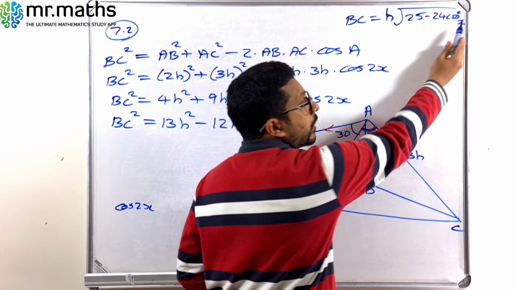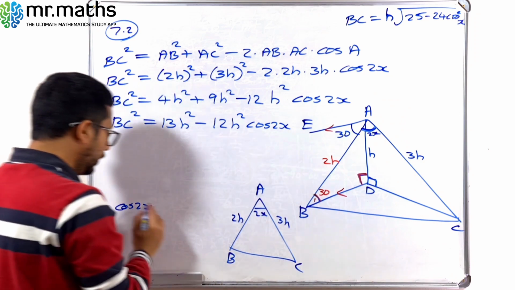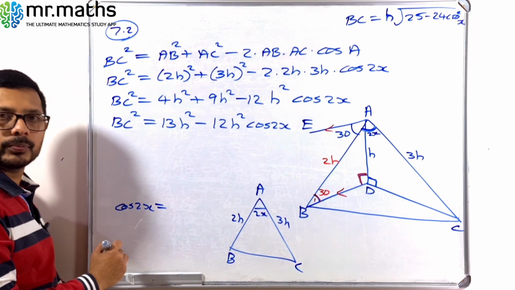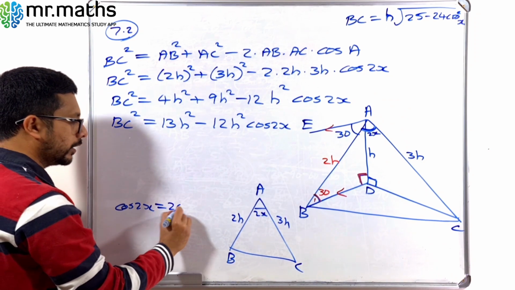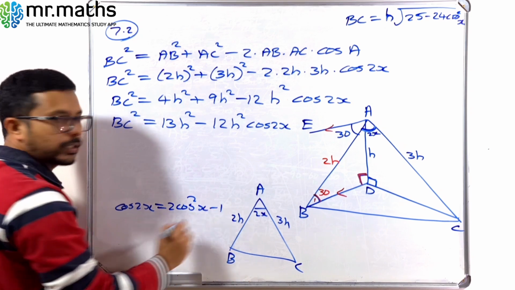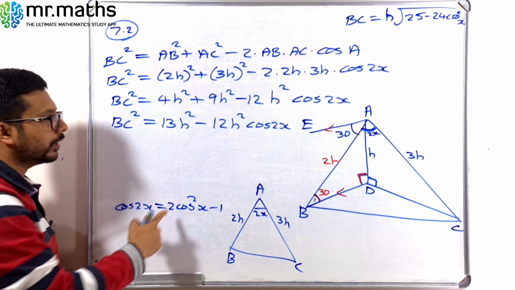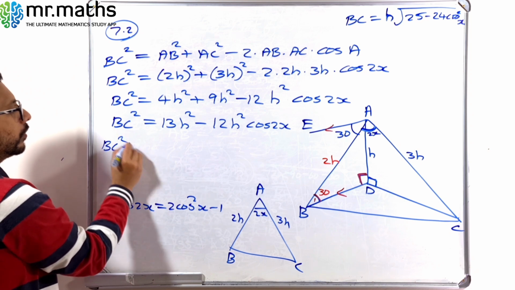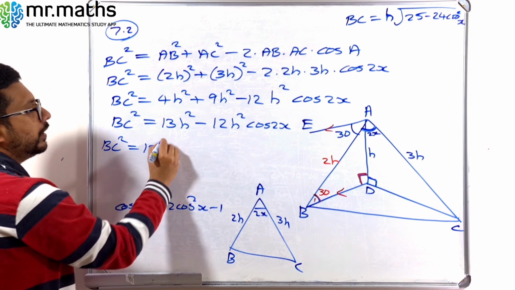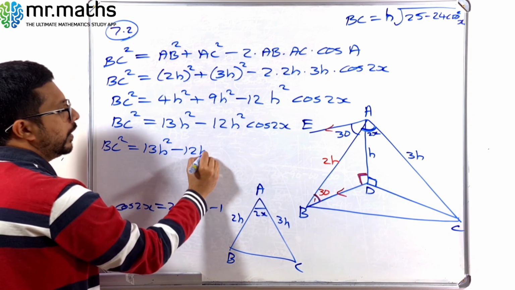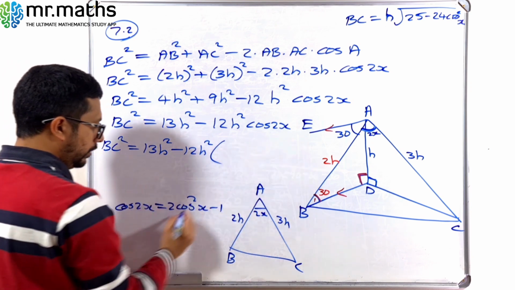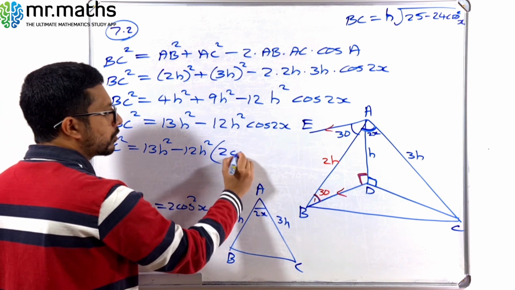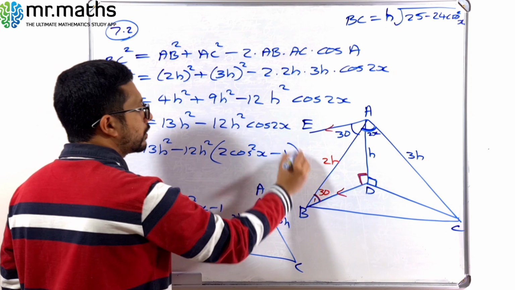So we can write it using the double angle formula: cos 2x is 2 cos squared x minus 1. Instead of cos 2x, I am going to write that. So BC squared is equal to 13h squared minus 12h squared into 2 cos squared x minus 1.